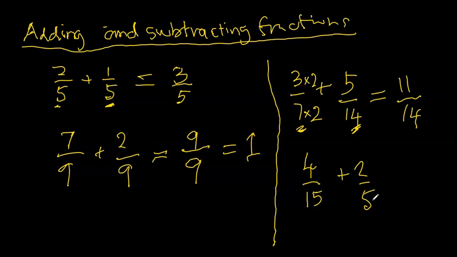We can make them become common. We see there's a relationship between 15 and 5, right? 5 is a factor of 15, and 15 is a multiple of 5. So we look for a number to multiply 5 by, so it becomes 15. So this is going to be 3.